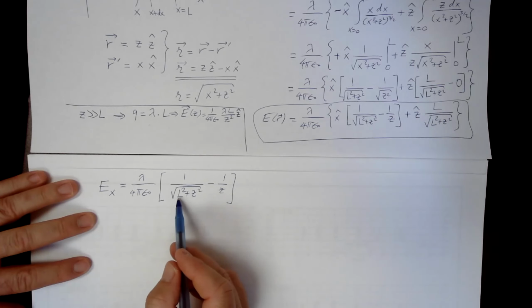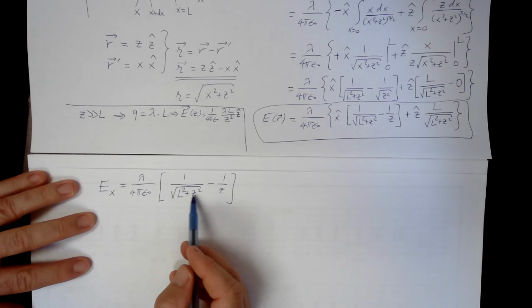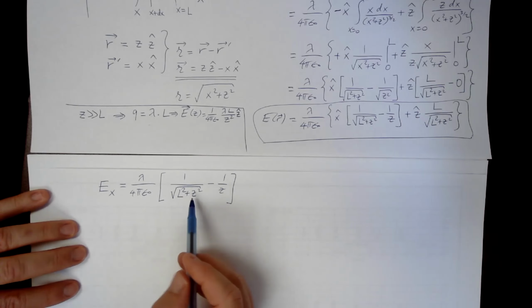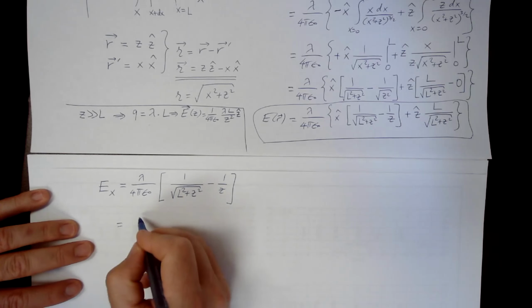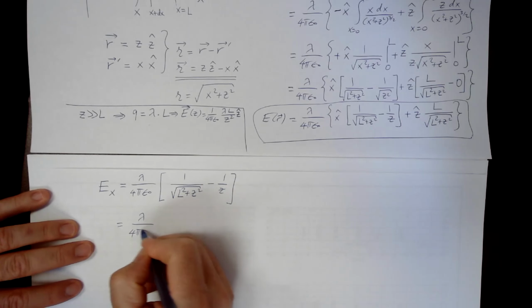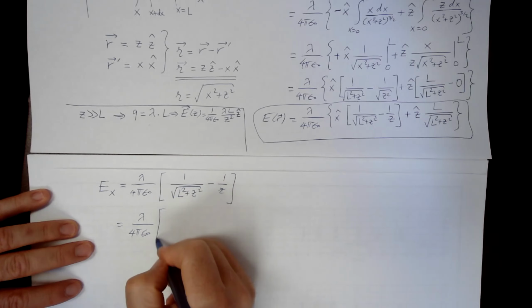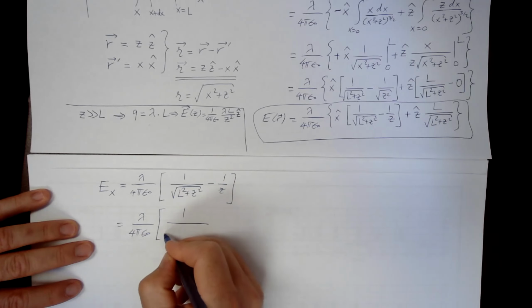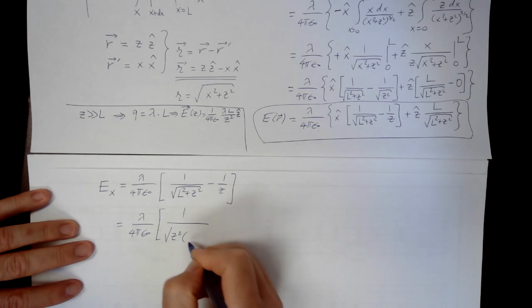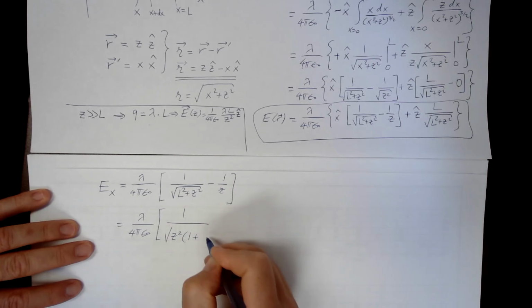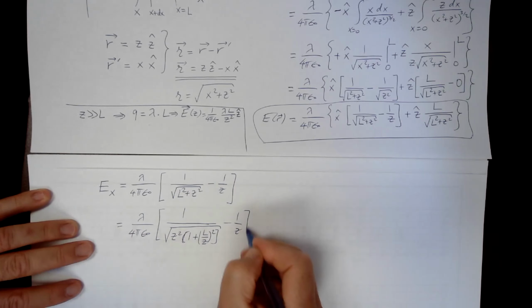I want to see what happens to it when z is much greater than L. So what I can do is I can just factor out this z squared here, just to show that very clearly. So I have 1 over square root of z squared times (1 plus L over z) squared, and then minus 1 over z.